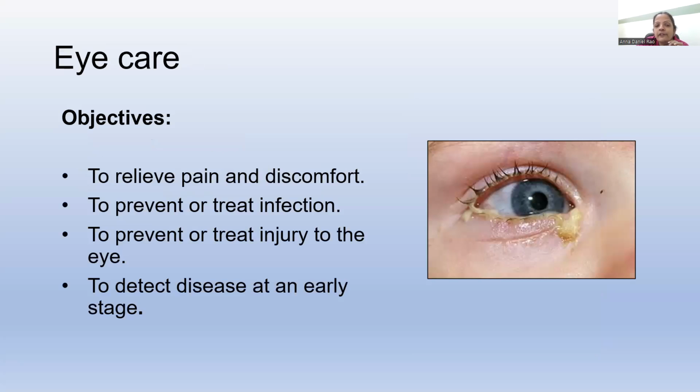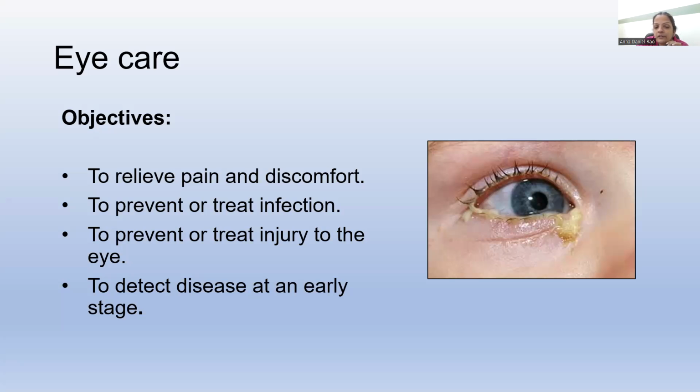Eye care is very, very important because infection is very easy to catch here and can create a problem. It will help in relieving pain and discomfort, and will of course prevent infection. It can also help prevent further injury.